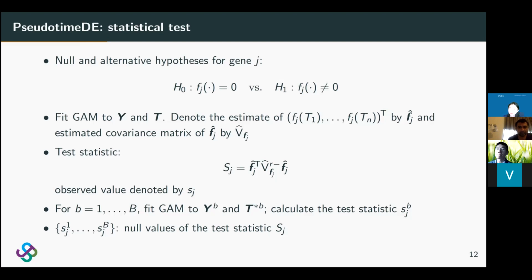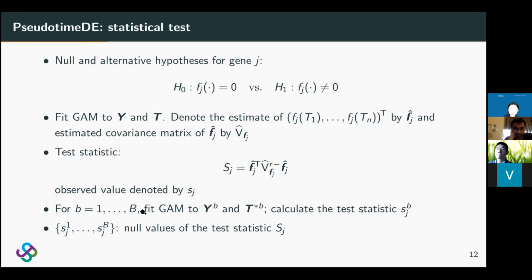That data-driven way may have some issues. First, it will introduce some uncertainty into the distribution, because to have a valid asymptotic distribution, the degree of freedom must be fixed beforehand, and it cannot be chosen in a data-driven way. All these issues together cause some p-value problems for tradeSeq. But our subsampling and permutation approach can fix that issue.